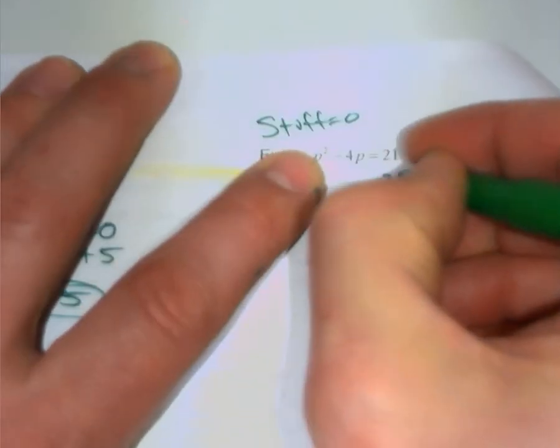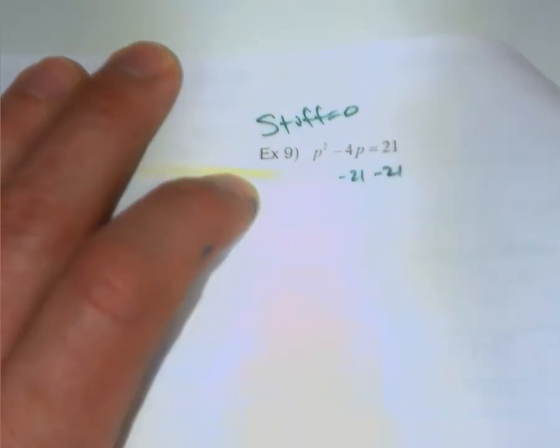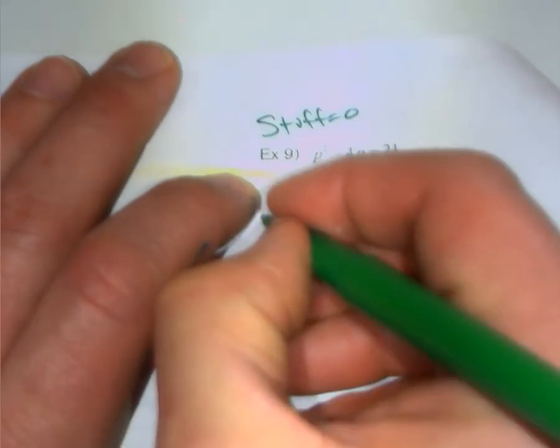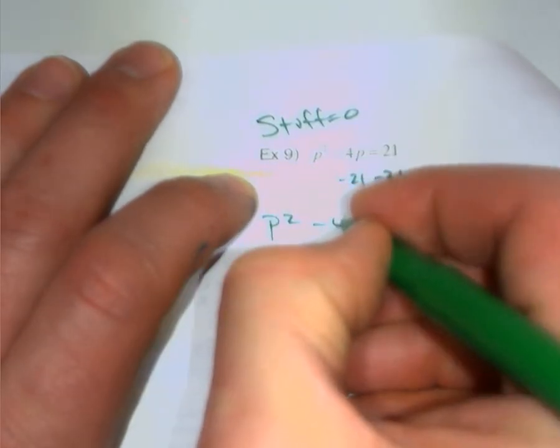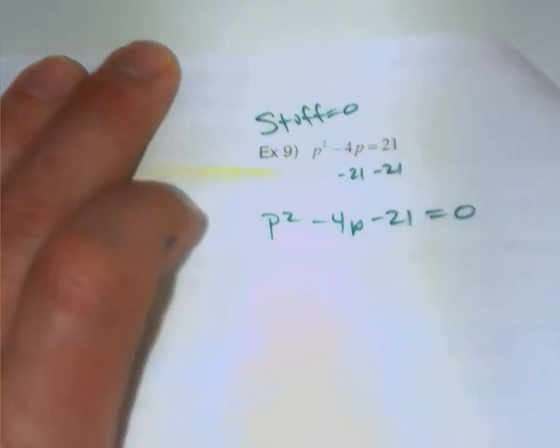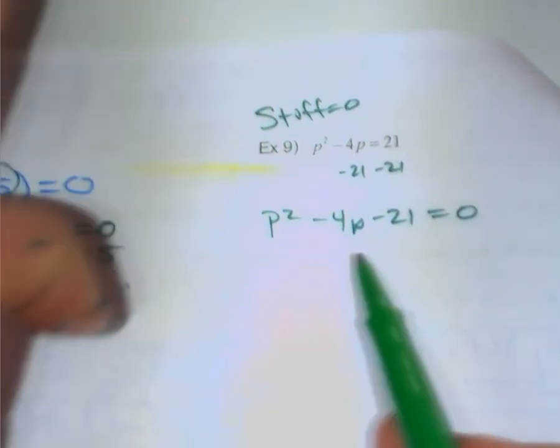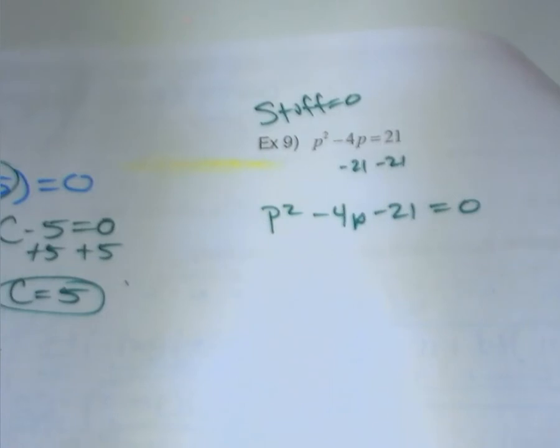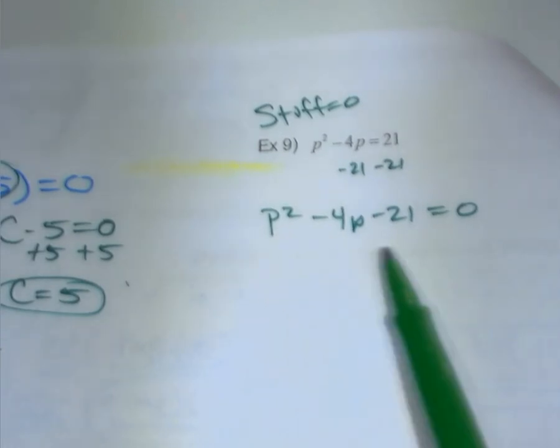Now, these are all unlike terms, guys, so I got to leave them separate. It's P squared minus 4P minus 21 equals 0. You want to write this thing in descending order so the power of P gets smaller and smaller. So P squared, P to the first, and no P. So I have my nice pretty trinomial equal to 0.